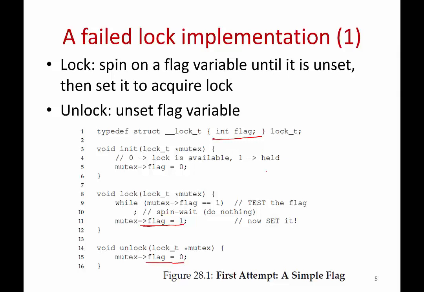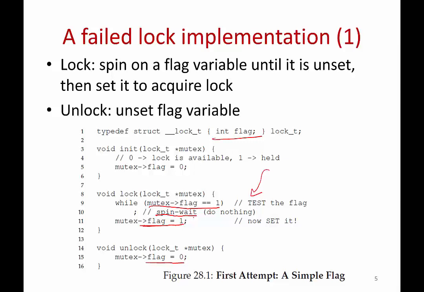And when a thread wants to acquire a lock, what will it do? It will check the flag value and if the flag is 1, what will it do? It will simply spin in this while loop. This while loop will keep on spinning as long as the flag is 1. Why? Because if the flag is 1, it means some other thread has the lock, and the thread that sees this will keep on spinning.